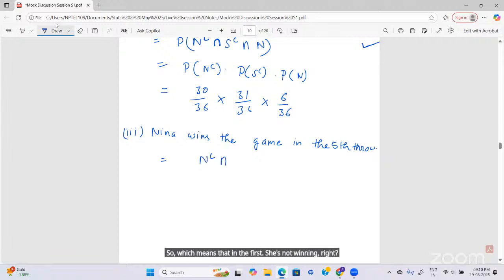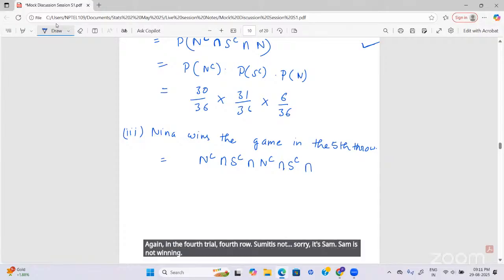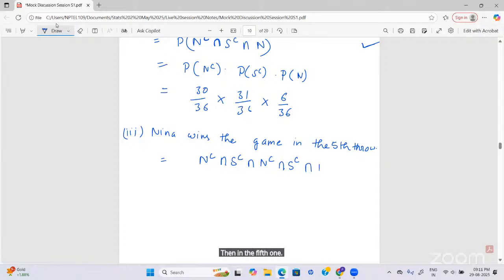In the second, Sam is not winning. Then again, Nina is not winning. Again, in the fourth throw, Sam is not winning. Then in the fifth one, which belongs to Nina, now she is winning the game.